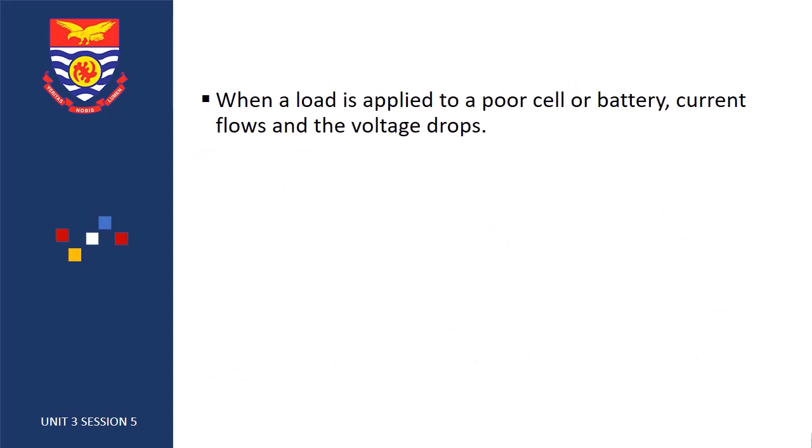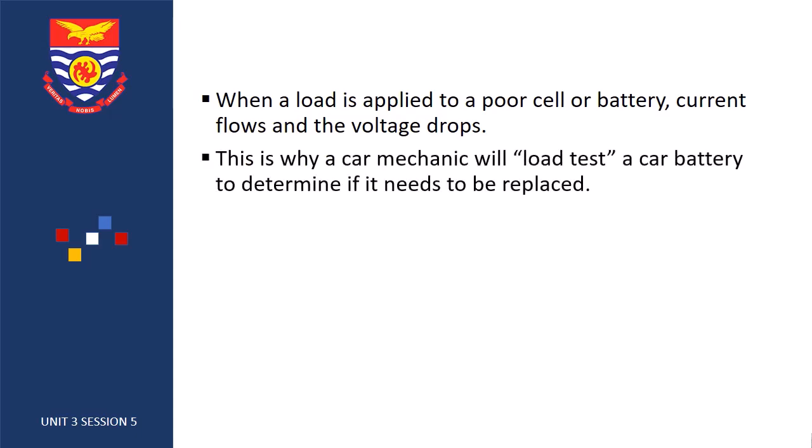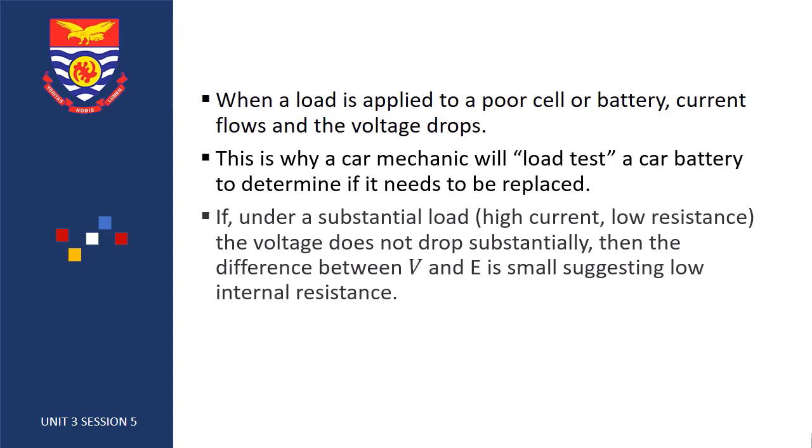Whenever a load is applied to a poor cell or battery, current flows and there is a drop in voltage. For this reason, car mechanics will load test a car battery to determine if it needs to be replaced or not. Under normal conditions, that is, when we have high current and low resistance, the voltage does not drop substantially.